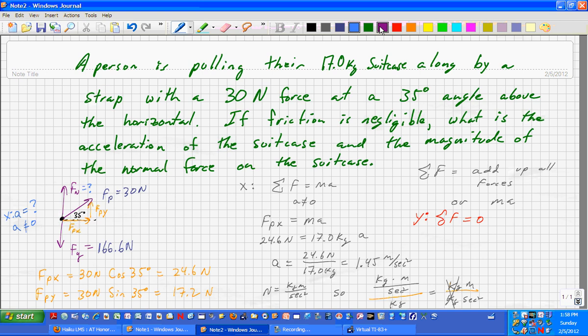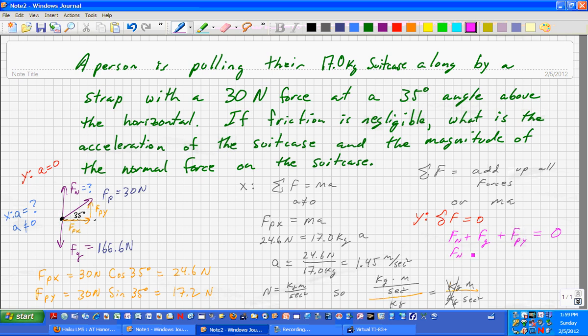In the y direction, a does equal 0, because this thing is not moving up or down. So what we can do is sum the forces, or add up all the arrows in the vertical direction, which is going to be F normal plus F weight plus Fp in the y direction. That's all going to add up to 0.